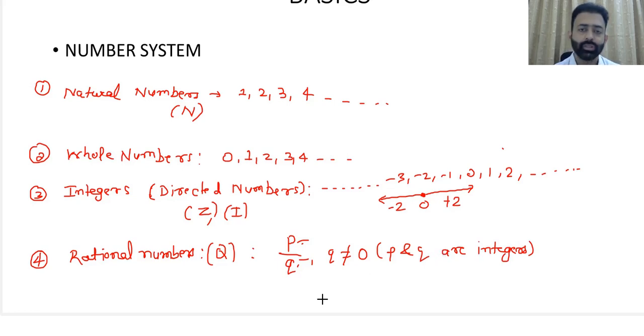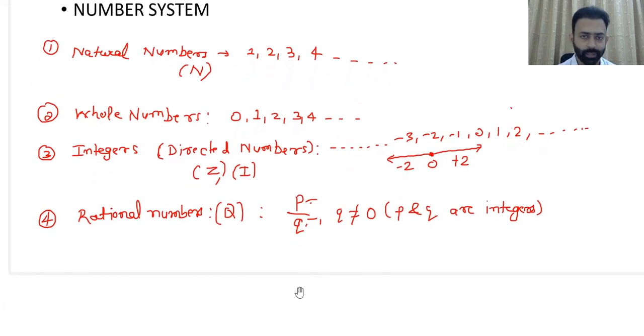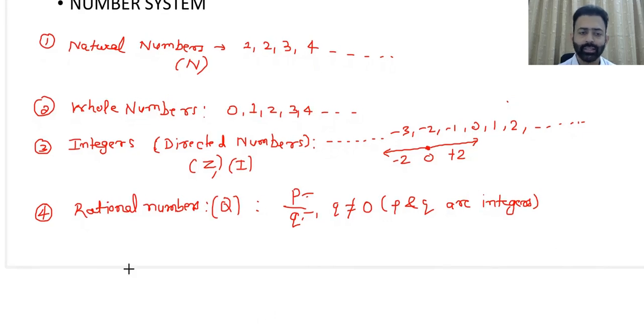So all those numbers which can be written in some fraction form are called the rational numbers, and they possess certain properties, and depending upon that, they are subdivided into two types. The first part is those rational numbers which are called terminating. What are terminating numbers?